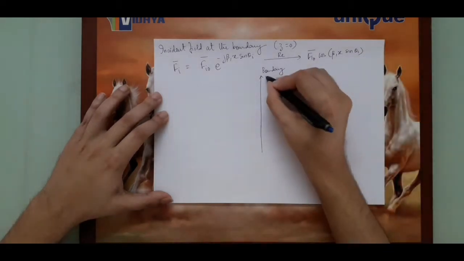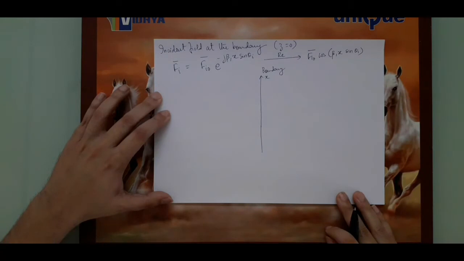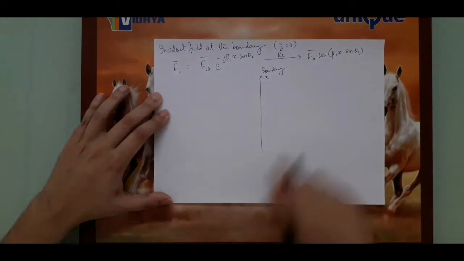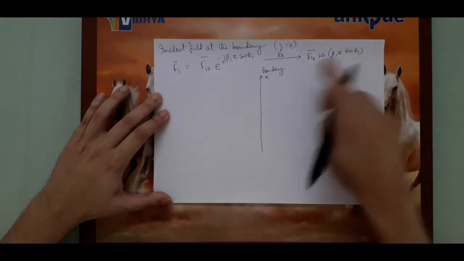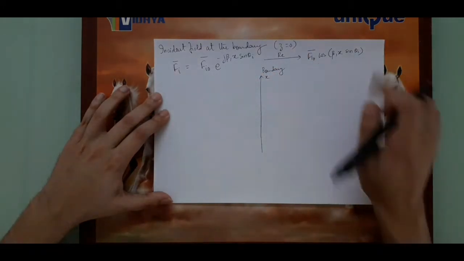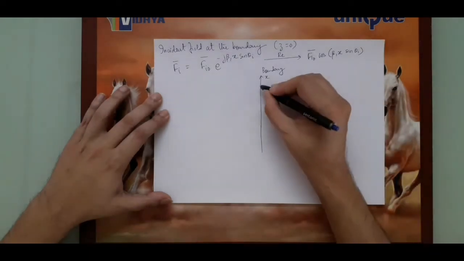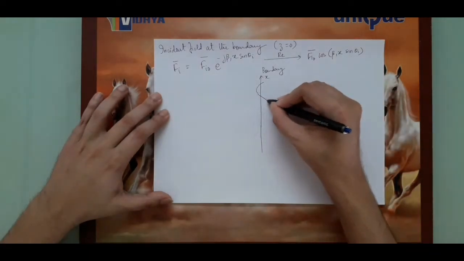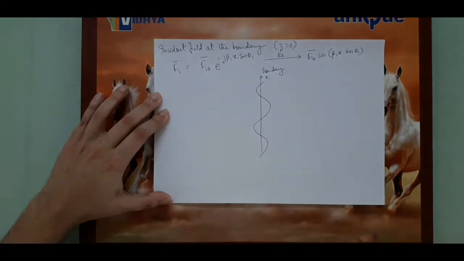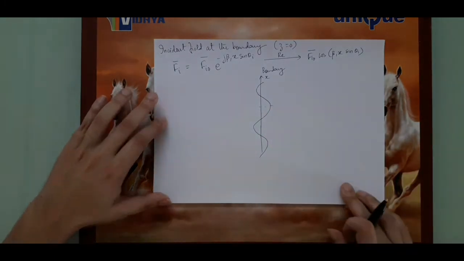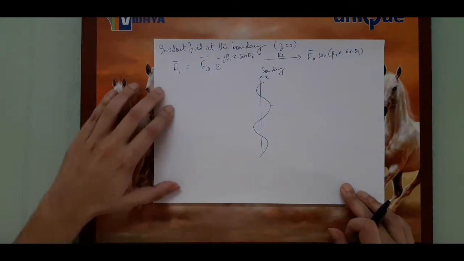So if this is the x-axis along the boundary, what we see is that the moment the wave hits, the field exists like a sinusoid along the x-axis. So effectively it becomes something of this kind. Let us say this is the point at which it hits. So you have a maxima at this point.